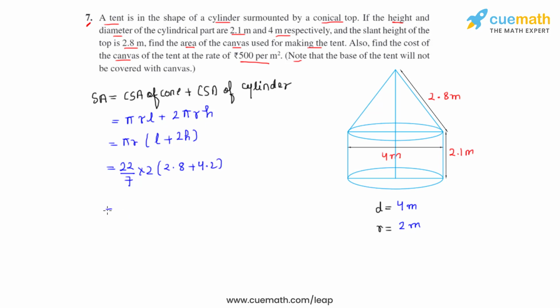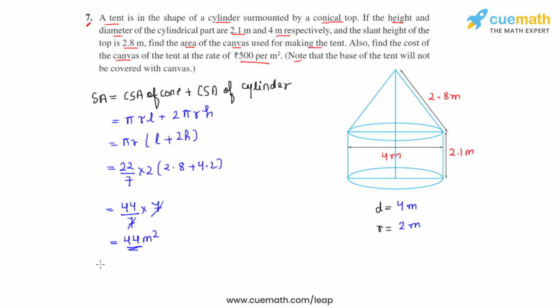So we can further calculate it as 44 by 7 times 2.8 plus 4.2, which gives us 7. So 7 and 7 get cancelled. We get the surface area of the tent to be equal to 44 meters square. Now this is the answer for the first part.